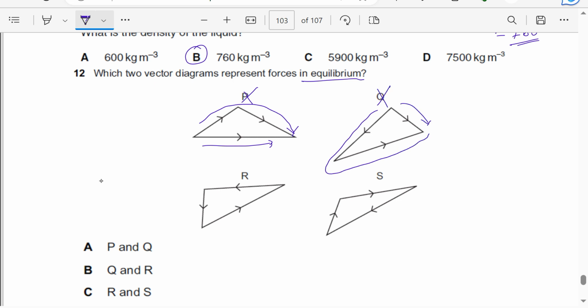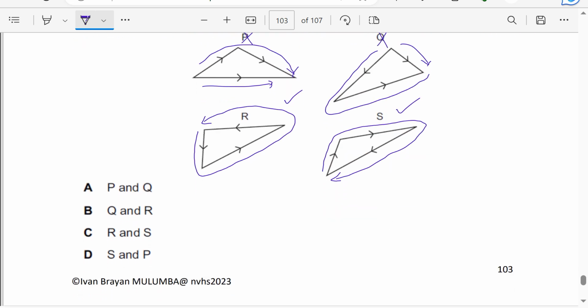It's not equilibrium. If I try to move around R, it takes me back to the same position. It is a continuous loop, so that is equilibrium. If I try to move around S, this one forms a continuous closed loop, so that is equilibrium. So we have R and S, so the answer is automatically C.